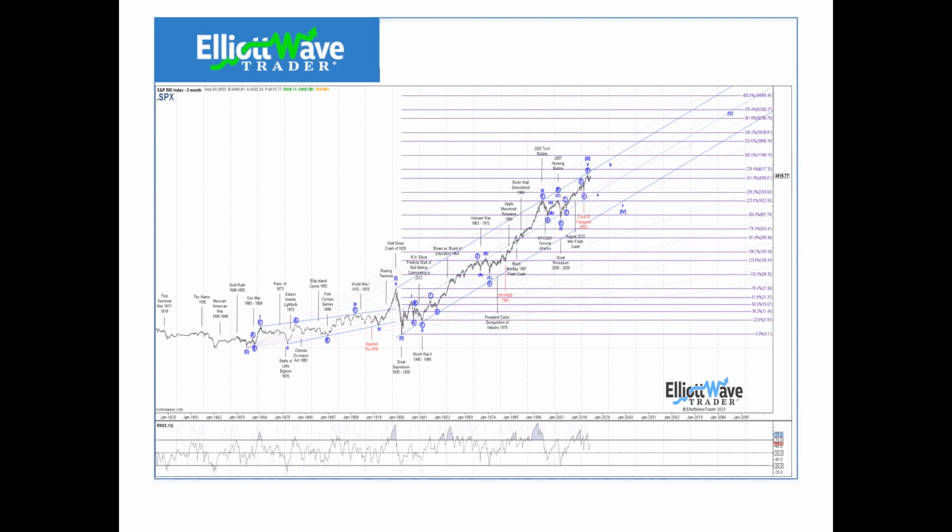Well, Elliott taught us a theory called the theory of alternation. And basically what the theory said, if the second wave correction is one way, the 4th wave will probably be very different. The second wave, as you could see, was just a straight down, fast correction. Relatively, it only took a couple of years.